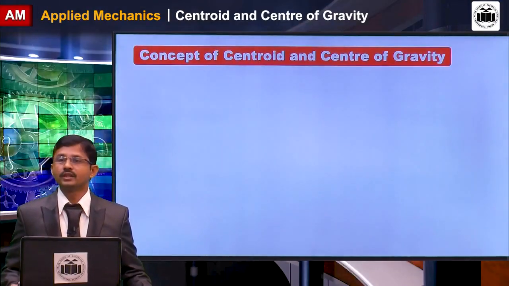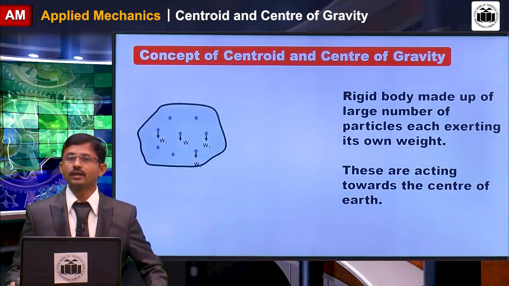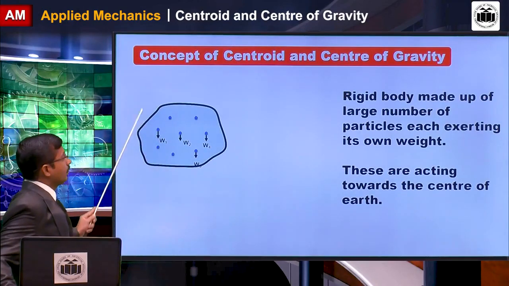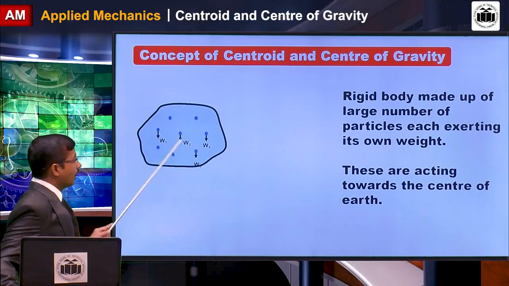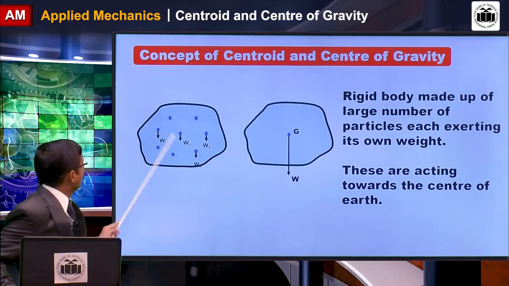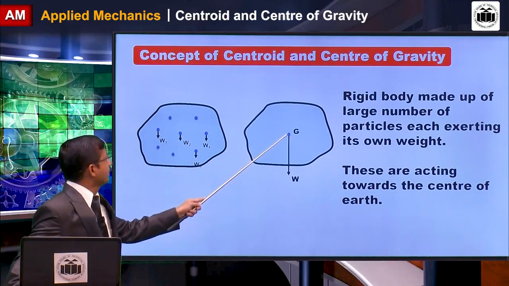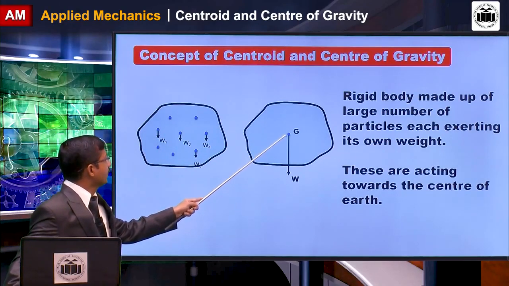Now we will discuss the concept of centroid and center of gravity. If you consider an irregular shaped lamina having a number of particles exerting their own weight, these weights are acting towards the center of the earth, and if you calculate the resultant of all these particles, you will get a point where the resultant of all the weights is concentrated.